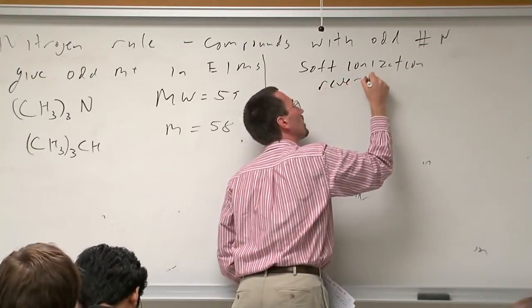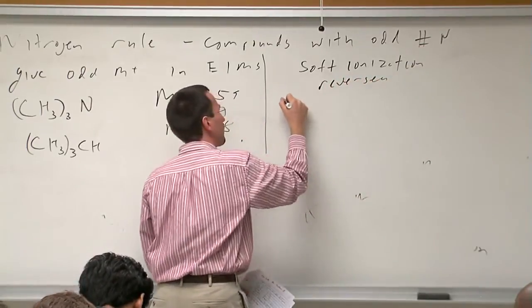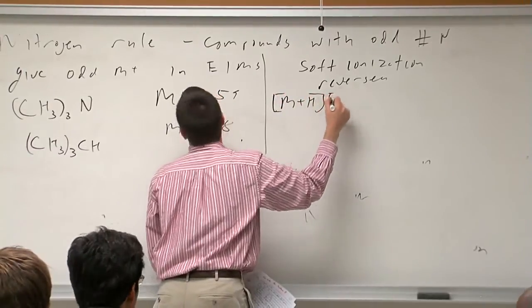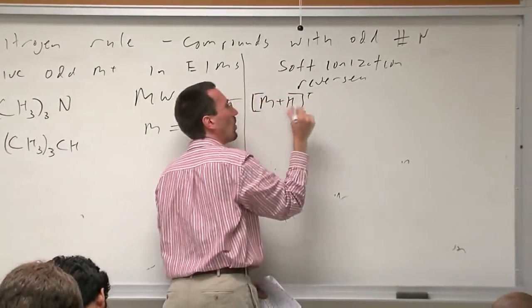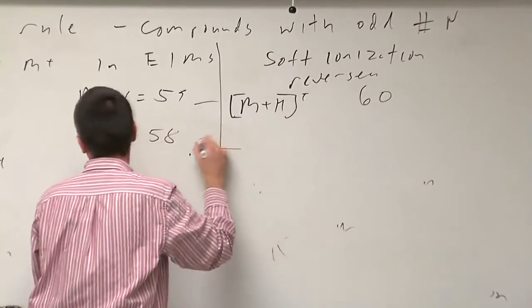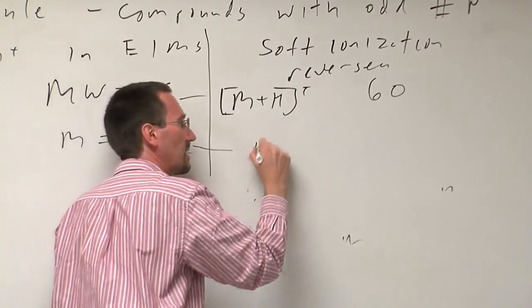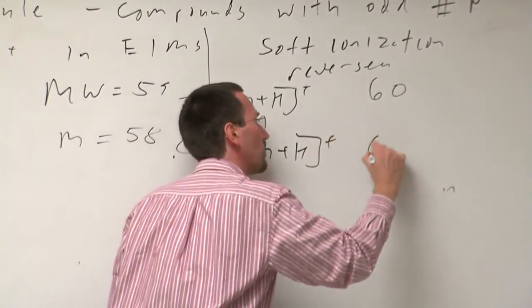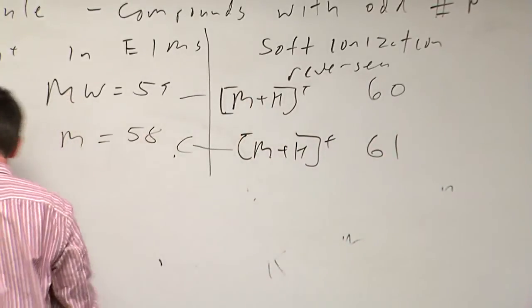Reversed. So for example, M plus H plus for trimethylamine now would be 60. And if you were somehow protonating this, which you might do in the CI mass spec, it would be 59.